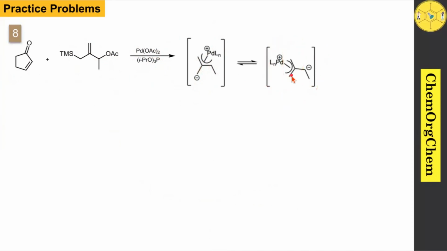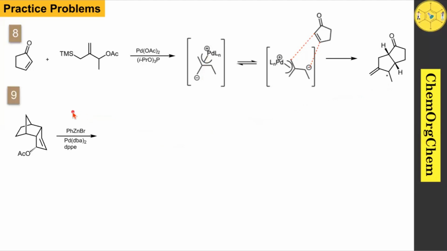Now this dipole readily interacts with this alpha beta unsaturated alkene, which readily undergoes cycloaddition to produce this respective product.